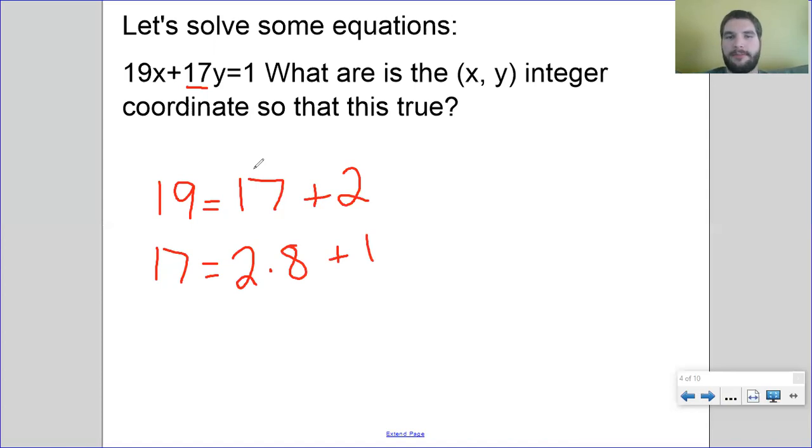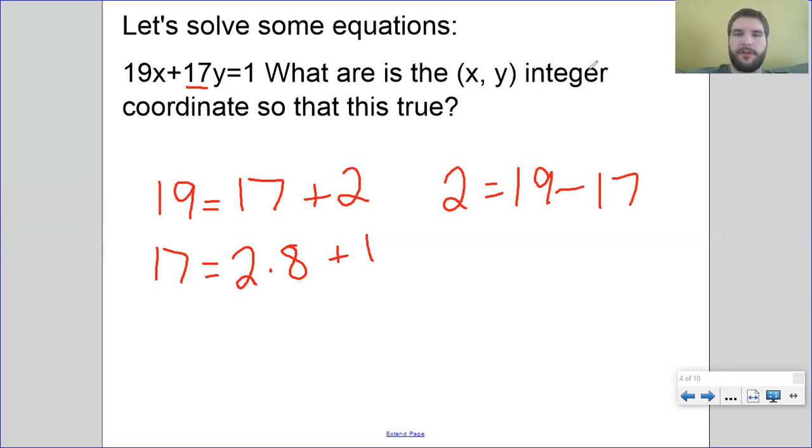Are we okay with that? Does that make sense to us? We're essentially just breaking down 19 into 17 and 2. And then I said, okay, now we'll go from 17. 17 is 2 groups of 8 plus 1. So let's talk about 2. 2 is equal to 19 minus 17. Are we all in agreement with that? Cool.